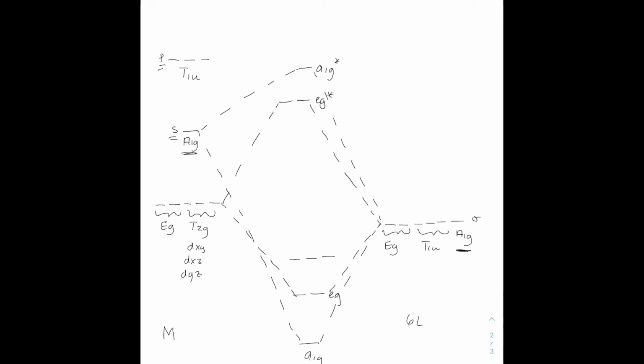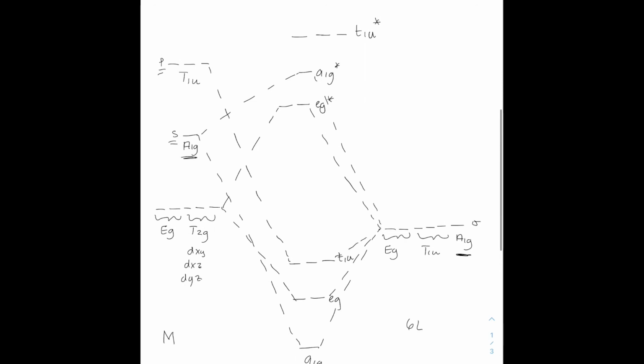And of course, because this is a bonding orbital, we're also going to get our antibonding, which is our T1U star. T1U star, this is T1U, and that's all the way up here. We're going to bring that down. This is starting to look quite messy. I apologize. Hopefully it still makes sense though.